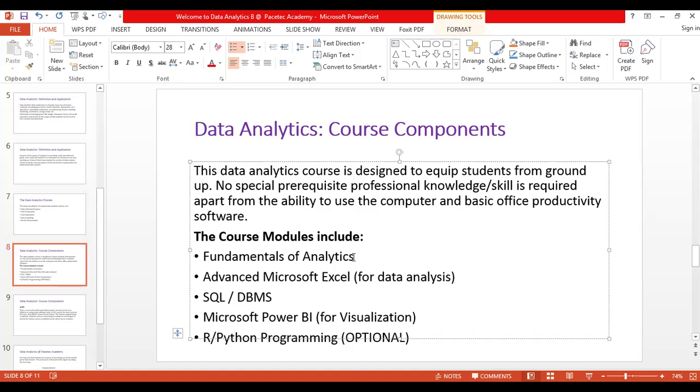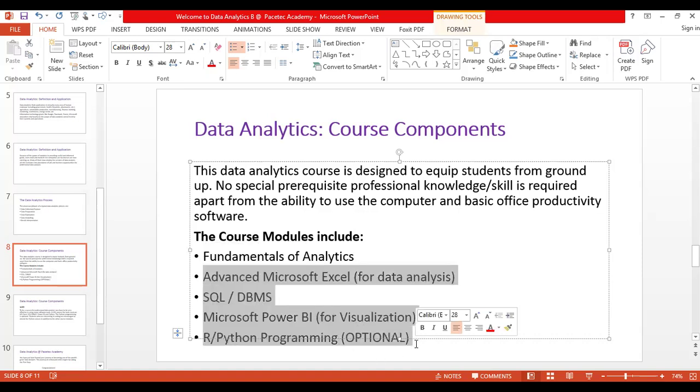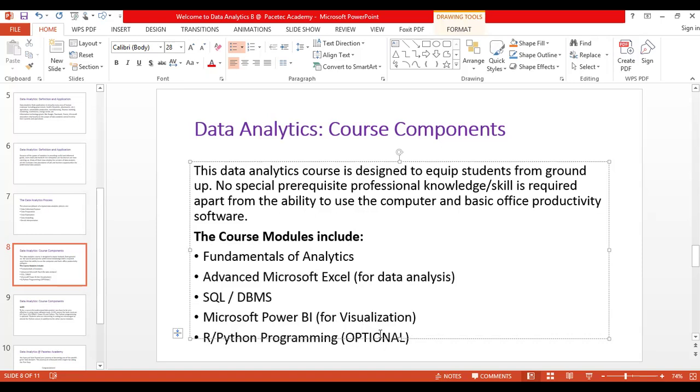Learning to use AutoCAD doesn't make you an architect. It's when you go to school to study architecture that makes you an architect. Anybody can learn AutoCAD in 2 months. After the 2 months, you don't automatically become an architect. So it's the same thing here.